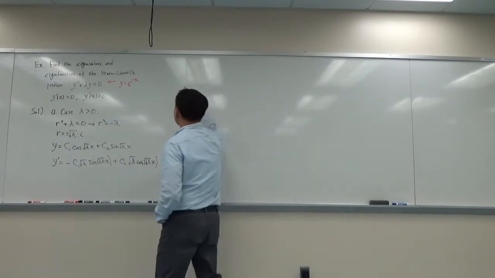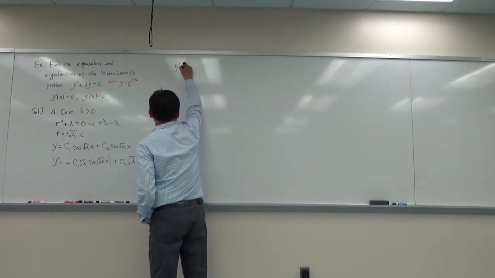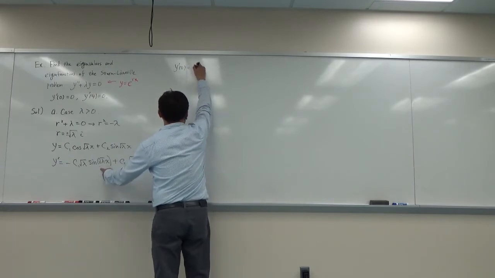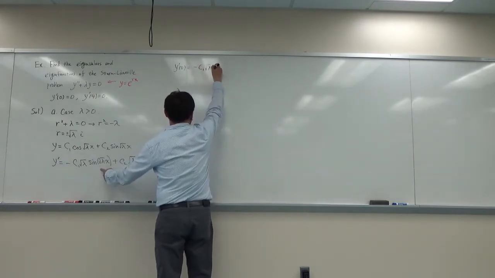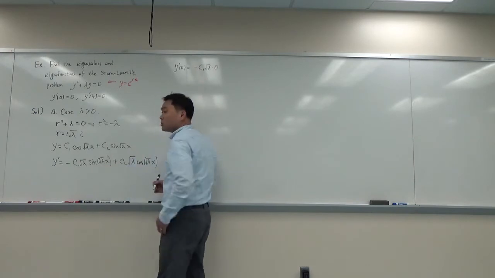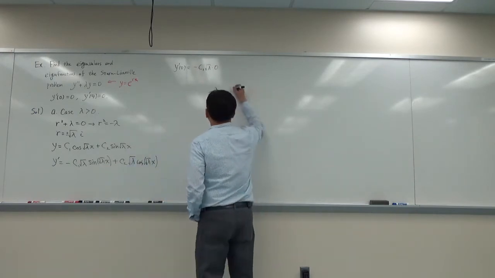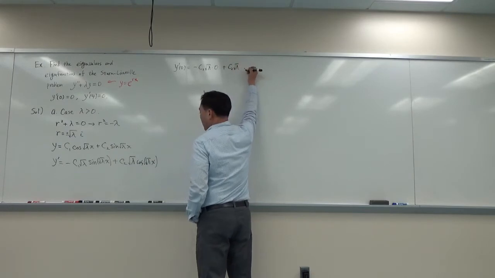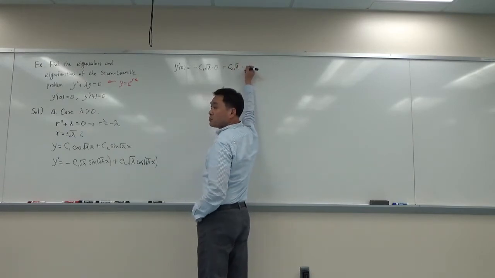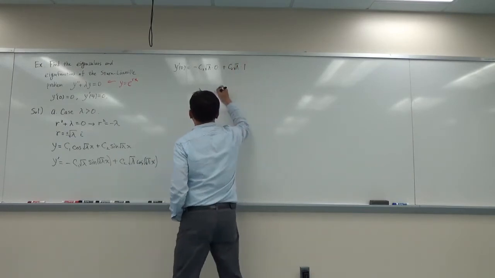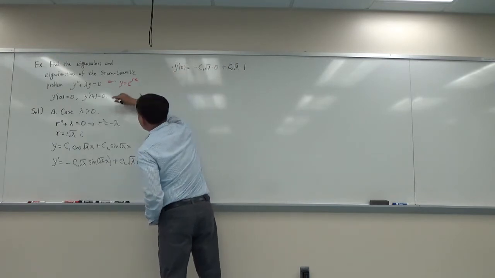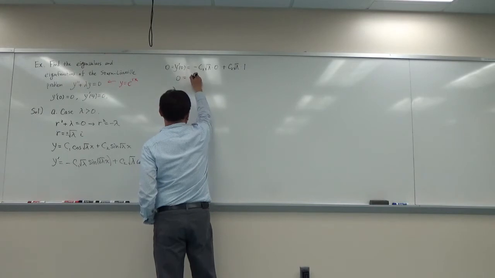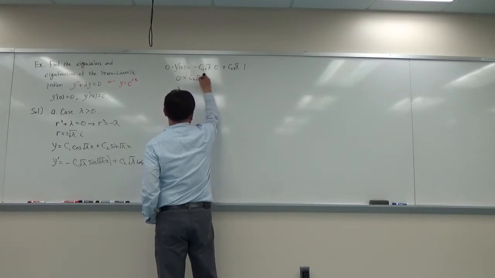And then you plug in 0, so y prime of 0 gives you negative c1 times square root of lambda times 0, because sine of 0 is 0, and then plus c2 square root of lambda times cosine of 0, which is 1. And this value is given as 0, so we have 0 equals c2 times square root of lambda.